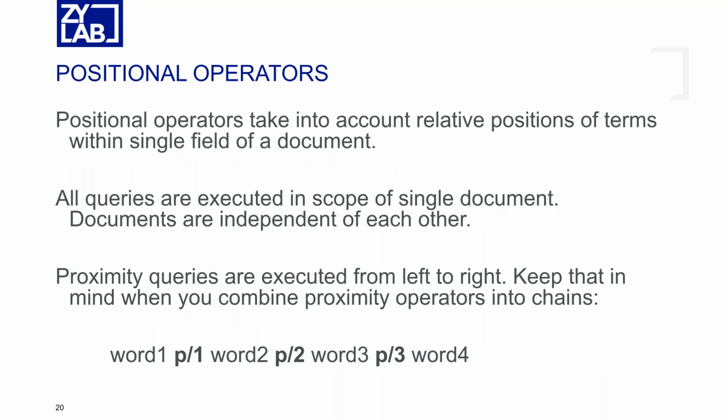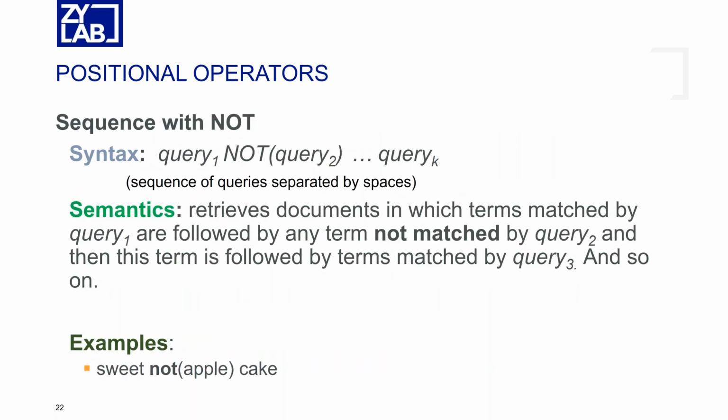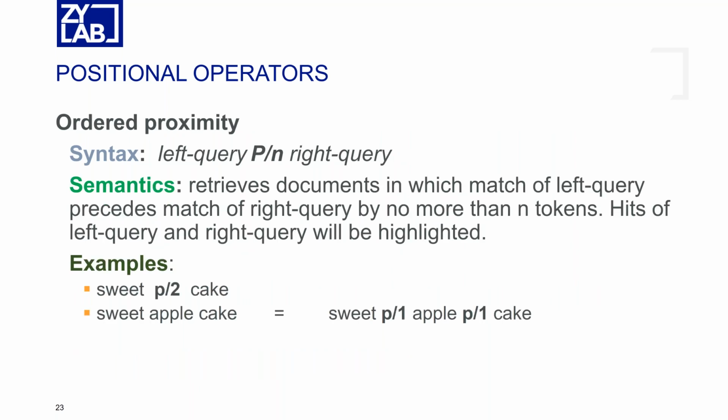Now, positional operators, I like those as well. You can have an ordered list or an unordered list. Let's go first to the ordered proximity. That means that we search in this example for sweet that should be a maximum of 2 words in front of cake.